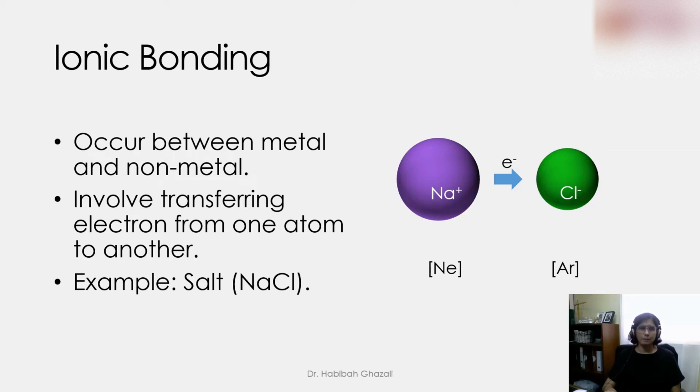Sodium ion, since it has lost its electron, is going to be positive. We call that a cation, and it has a positive charge. And the chlorine is going to be negative, and we call this an anion. So an anion has a negative charge.